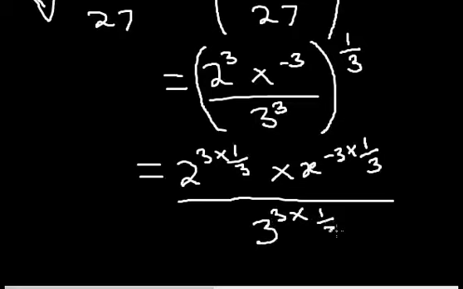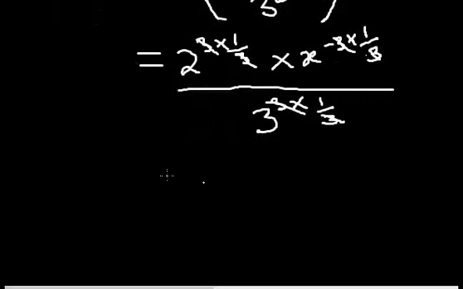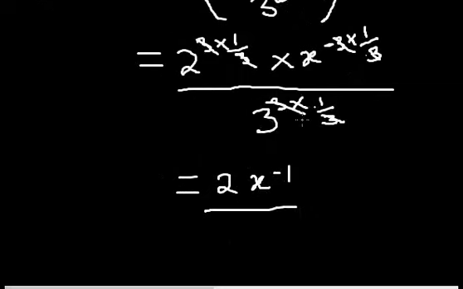At the end of the day, 3 cancels 3 here, and 3 cancels 3 here. So I have 2 left, then here this is minus 1, x raised to the power minus 1, then 3 raised to the power 1, which of course is 3.